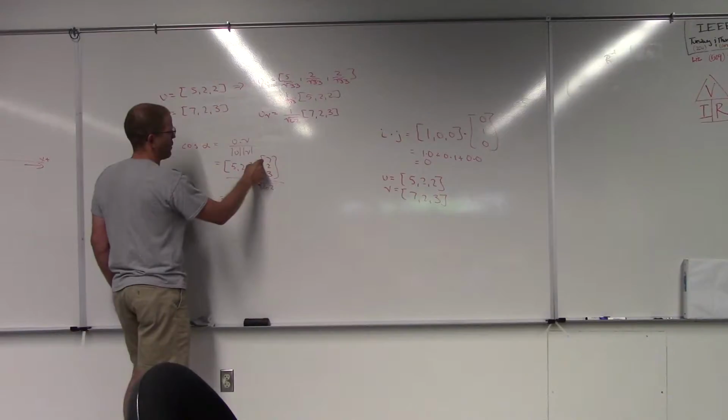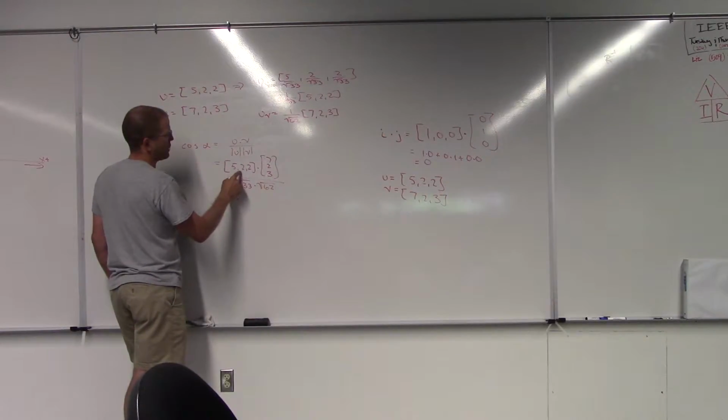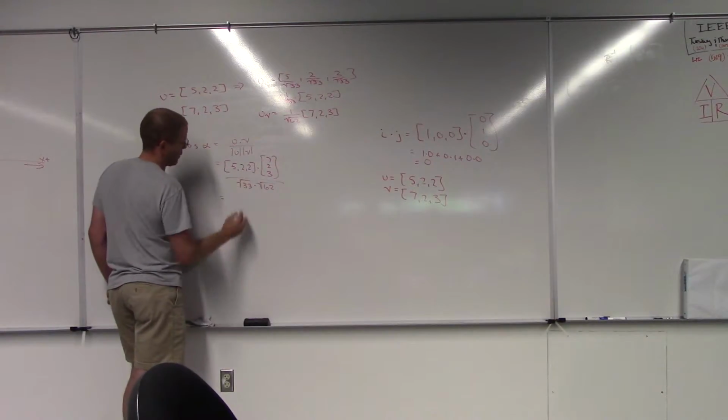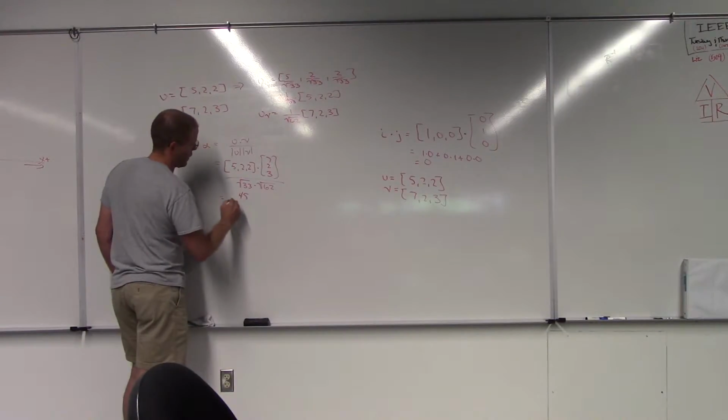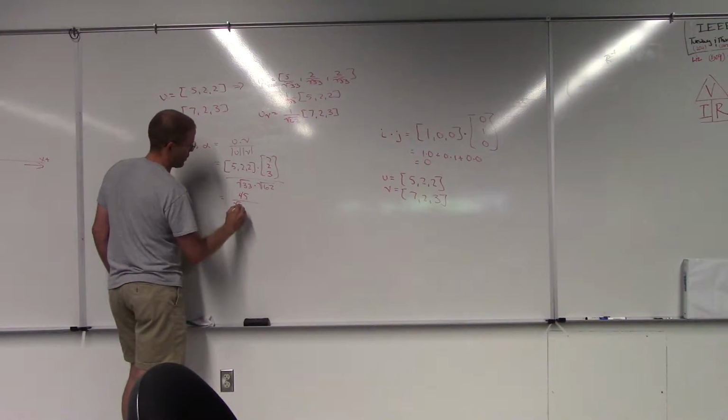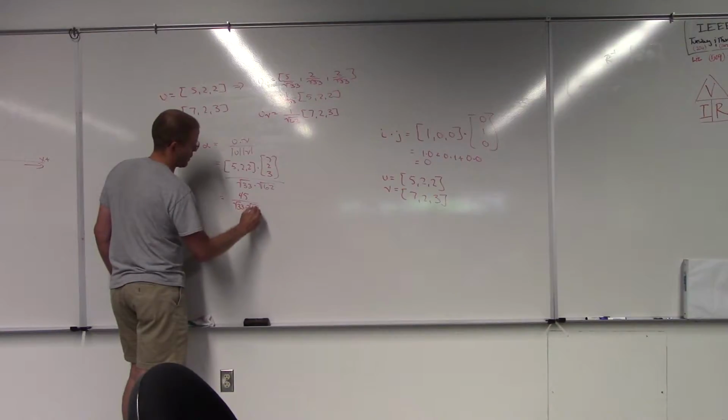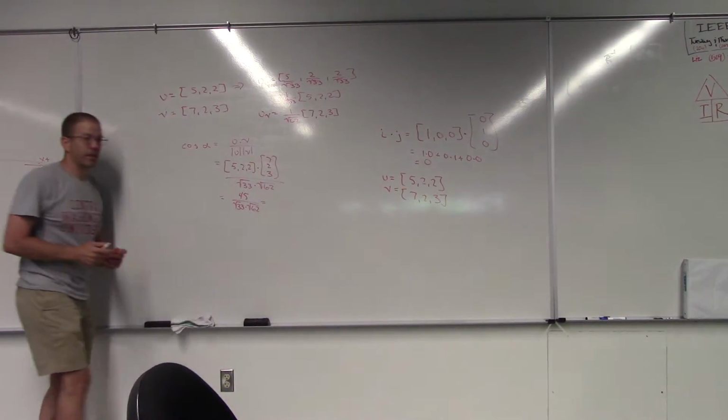And that would be 35 plus 4 plus 6, so 45 divided by the square root of 33 times the square root of 62. And what's that give us there?